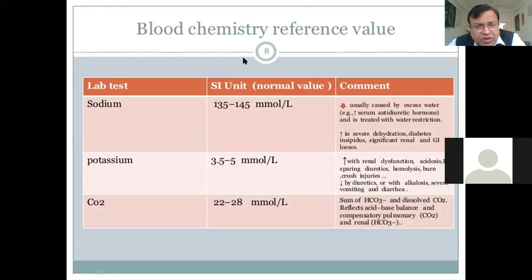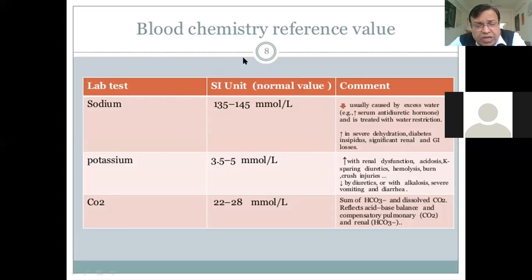At that time the concentration decreases. It will increase in the case of diabetes insipidus and some renal problems or kidney function issues also. And this particular ion is also decreased by less absorption from the GIT and excessive secretion from the GIT.